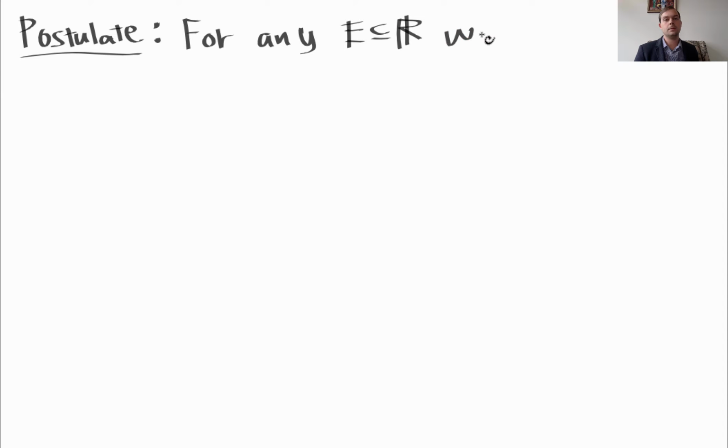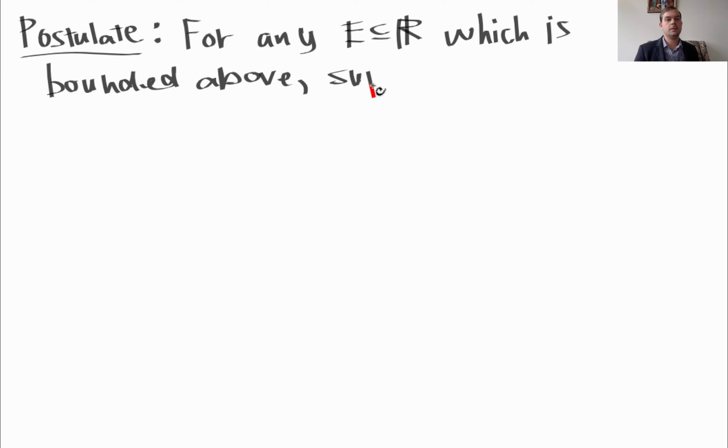So the postulate we're going to say holds for the real numbers is that for any subset E of the real numbers which is bounded above, the quantity sup E lives as a number in R. And that postulate allows us to derive all the remaining important analytic properties of the real numbers.